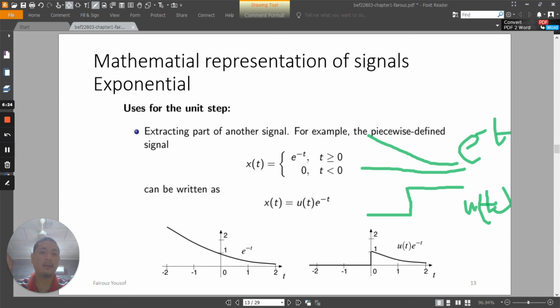When we have multiplication here, u(t) multiplied with e to the negative t will get this. How? Because this is 0, so anything multiplied with 0 will get 0. And this is 1, so anything we multiply with 1 will get this value. So that's why it can also be written as this. That's the idea.